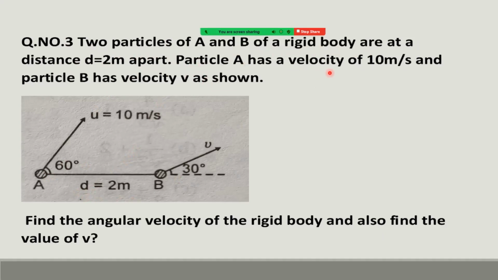Particle A has a velocity of 10 meter per second, and particle B has a velocity V as shown. Right. Find the angular velocity of the rigid body and also find the value of V.